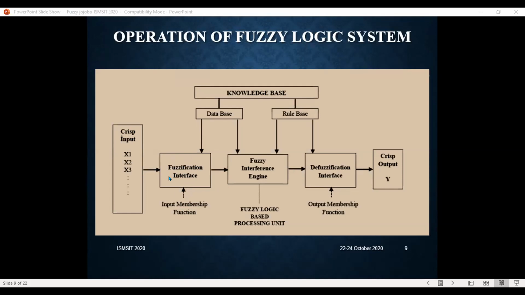After fuzzification occurs, we use the fuzzy inference engine. In this engine, we write some rules. It depends on our input data and output relation.